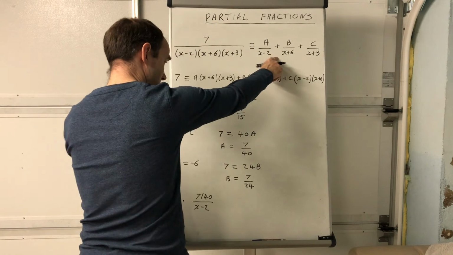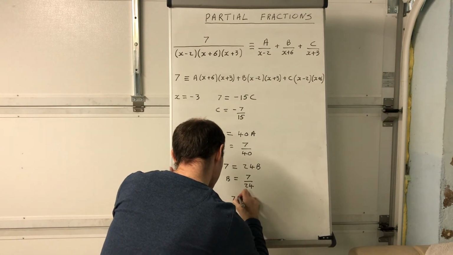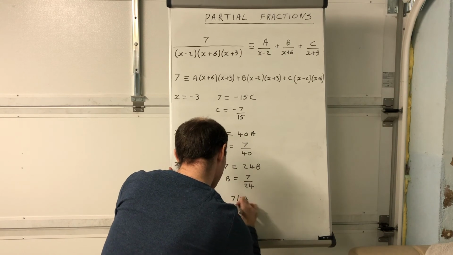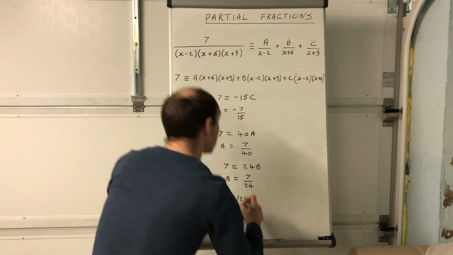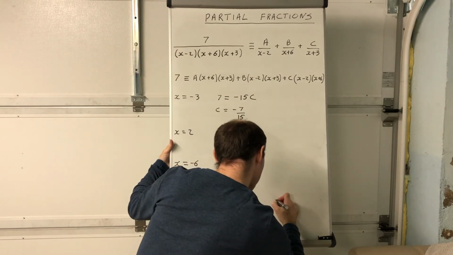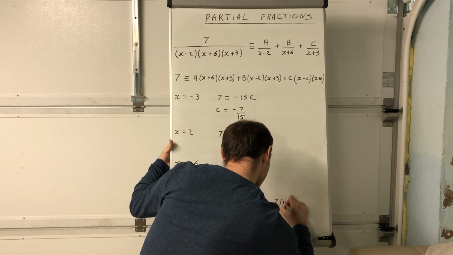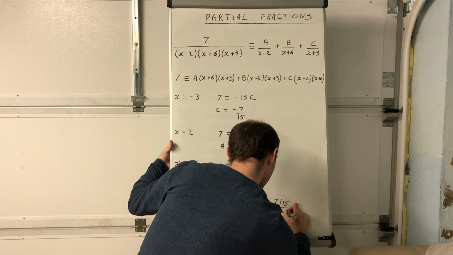And then the B, you can write as plus 7 over 24 over x plus 6. And then C, that's negative, isn't it? So that's negative 7 over 15 over x plus 3.